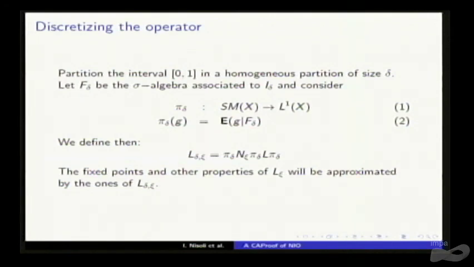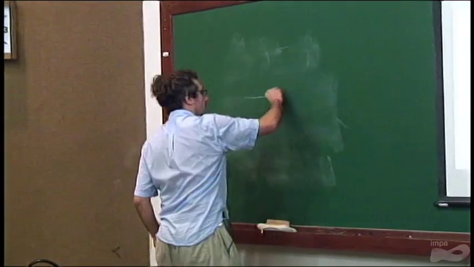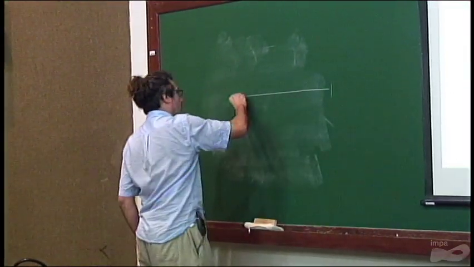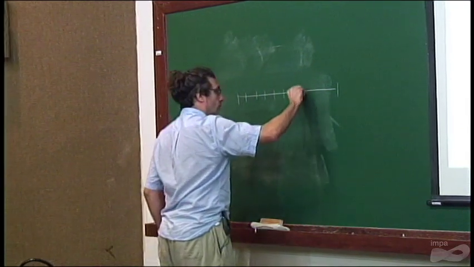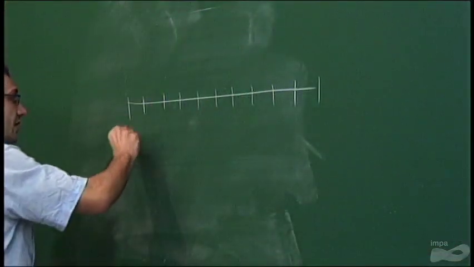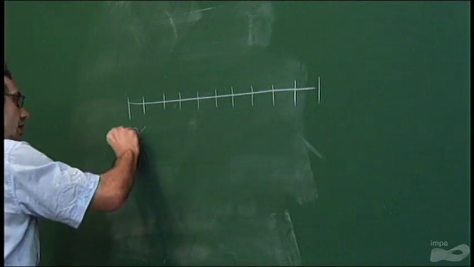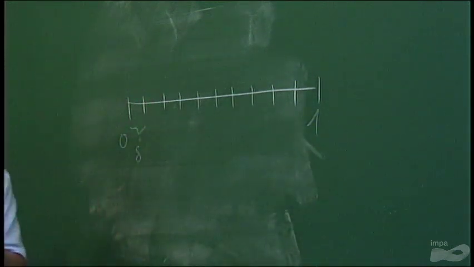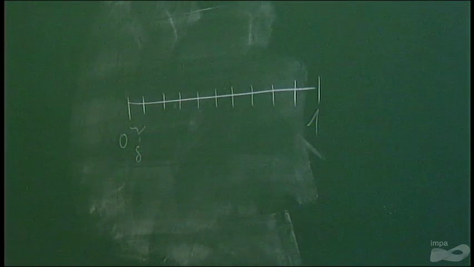You have a projection from the space of measures into L1. You take a partition of 0, 1 into intervals of size delta. So you take 0, 1, and you divide it into homogeneous intervals of size delta.